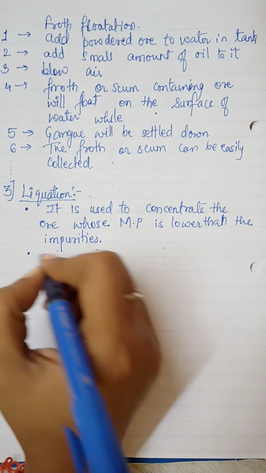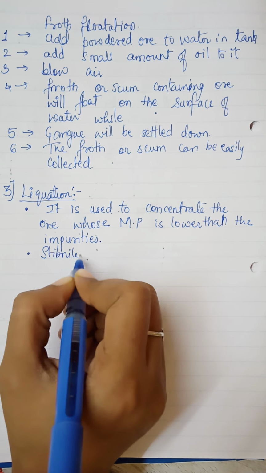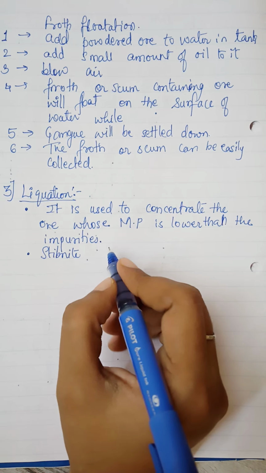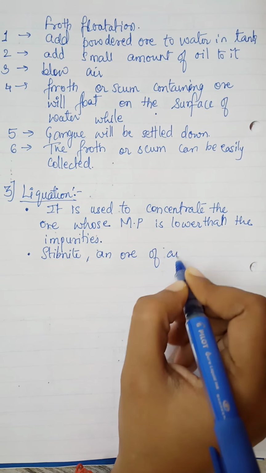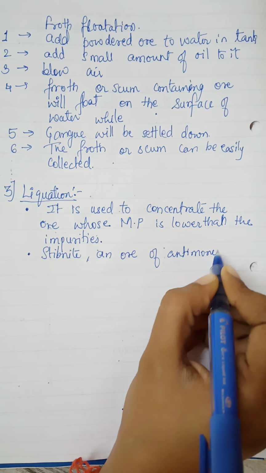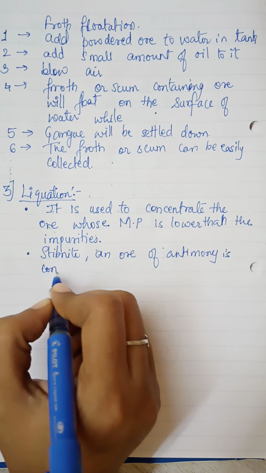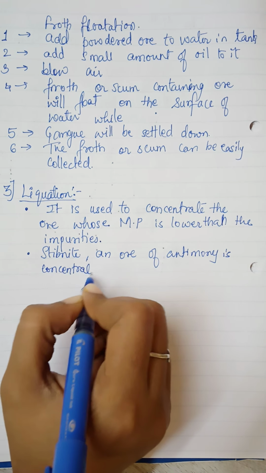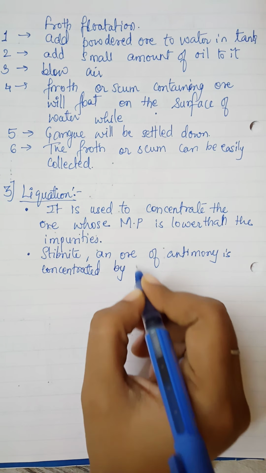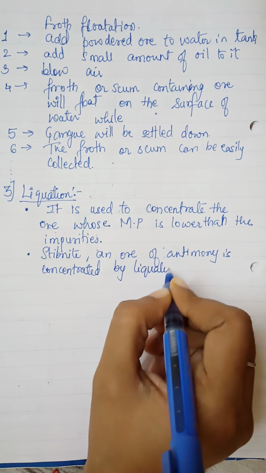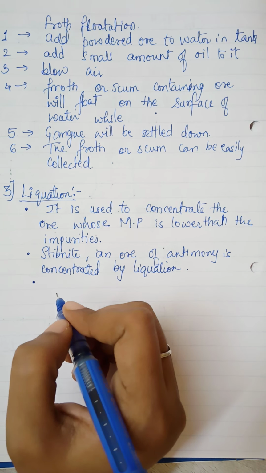The second point is the example, stibnite. Stibnite, an ore of antimony, is concentrated by this method, that is liquation.